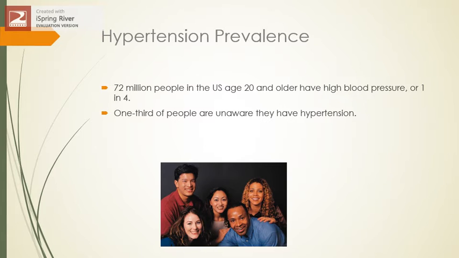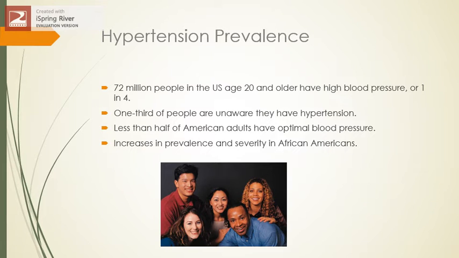So how common is hypertension? That would be the prevalence. There's about 72 million people in the United States who are at least age 20 who have high blood pressure, or that's about 1 in 4 people in the population. And 1/3 of those don't know that they have hypertension.